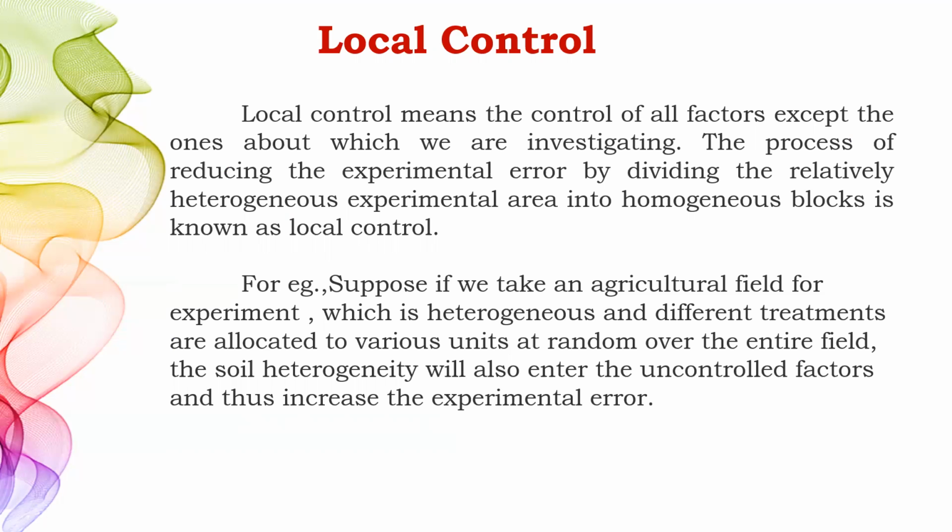Here I have given one example: if we are taking an agricultural field for an experiment which is heterogeneous, and different treatments are allotted to various units at random over the entire field, the soil heterogeneity will also enter as an uncontrolled factor, which will result in an increase in the experimental error.